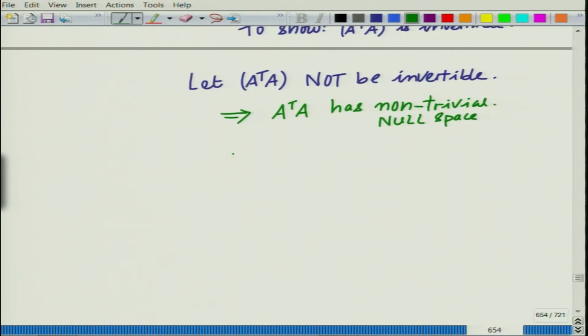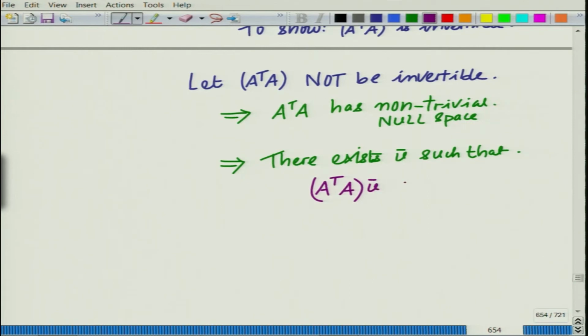This implies there exists a vector u bar such that A transpose A times u bar equals 0. Now, multiply this on the left by u bar transpose. This implies that u bar transpose A transpose A u bar equals 0.